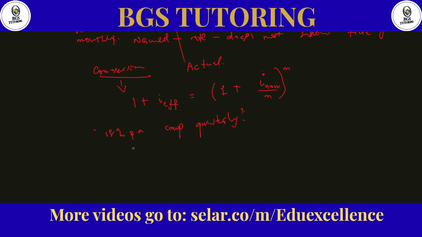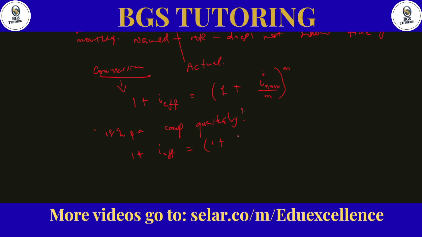So if we want the annual, we're going to say 1 plus I effective. The effective is what we do not know, right? So 1 plus I effective is equal to 1 plus the nominal. They said 18%, so I'm going to say 0.18.